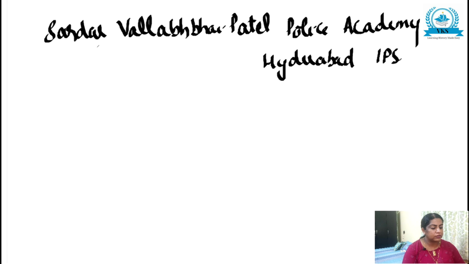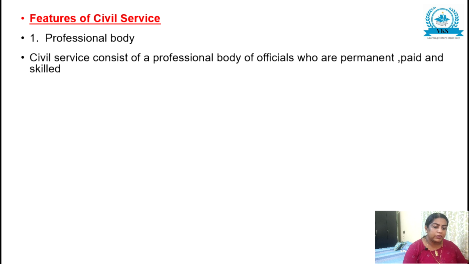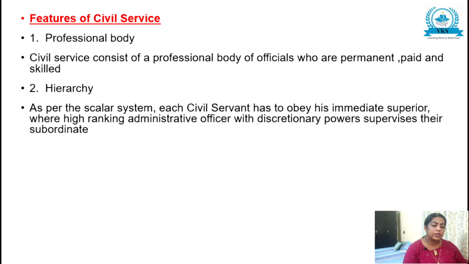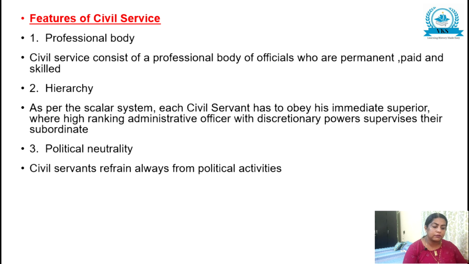Let us go through these points once more. Features of civil service. Professional body: civil service consists of a professional body of officials who are permanent, paid and skilled. Hierarchy: as per the scalar system, each civil servant has to obey his immediate superior, where a high-ranking administrative officer with discretionary power supervises their subordinates. Political neutrality: civil servants refrain always from political activities.